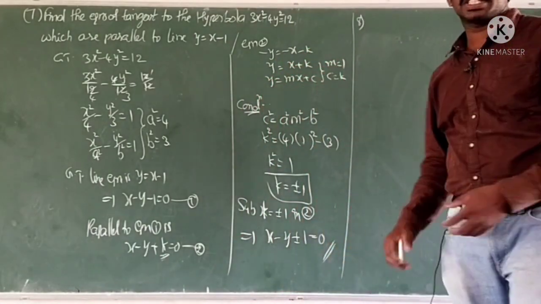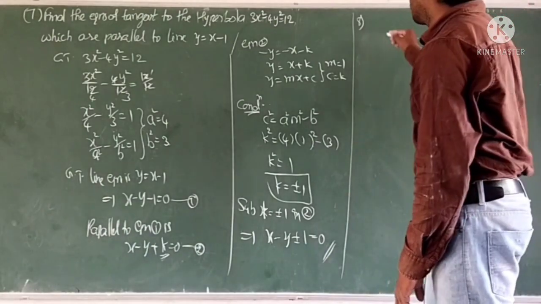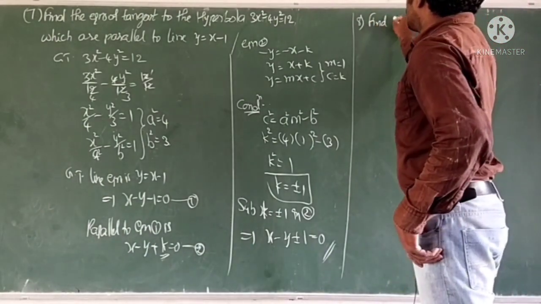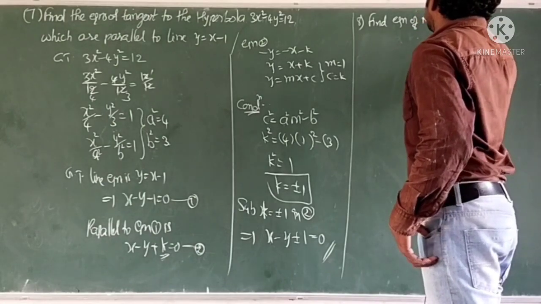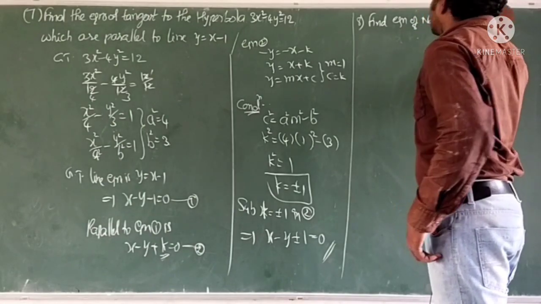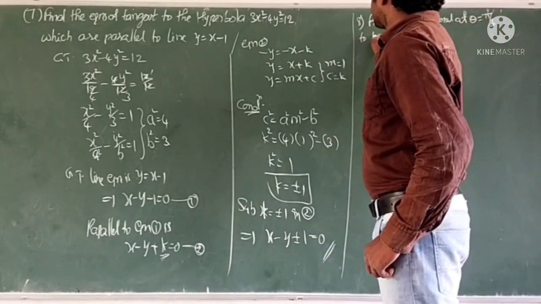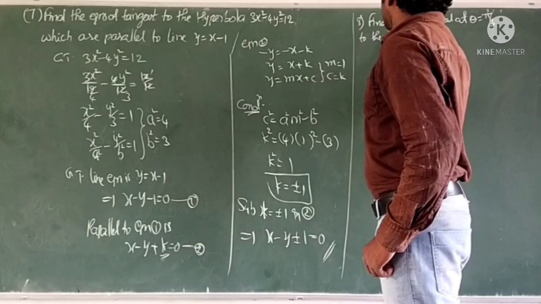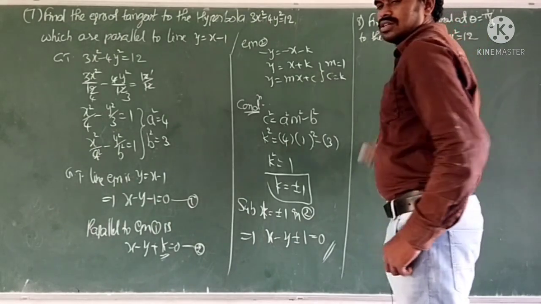So note down first this. Okay, write down the 8th one also. Find the equation of normal at theta equal to pi by 3 to the hyperbola 3x square minus 4y square equal to 12.